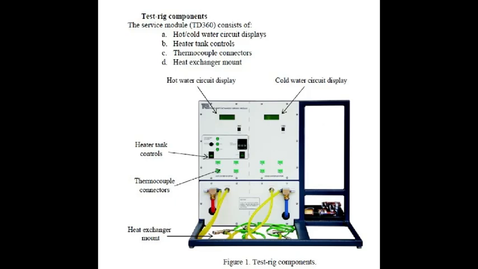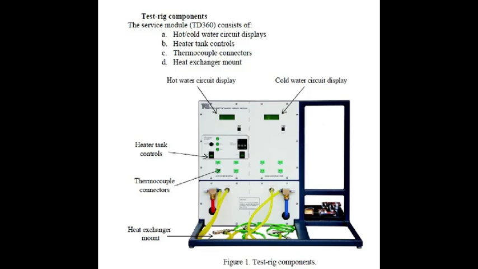During the experiment, you will see how we can control this. We have to control the tank water temperature to vary it from 30, 40, 50, and 60 for both parallel and counter flow.